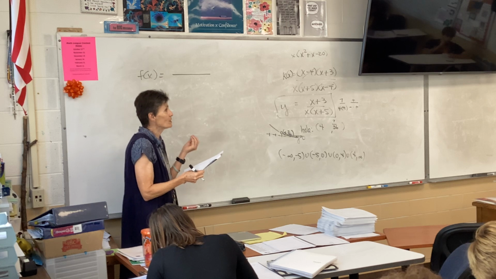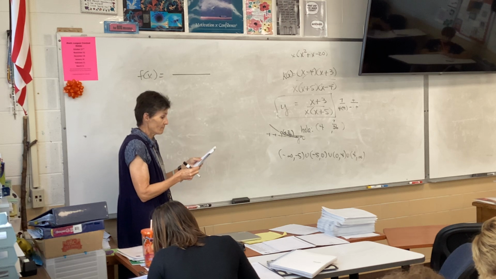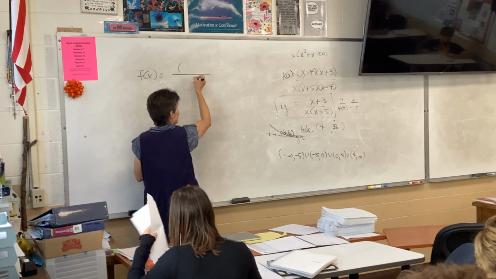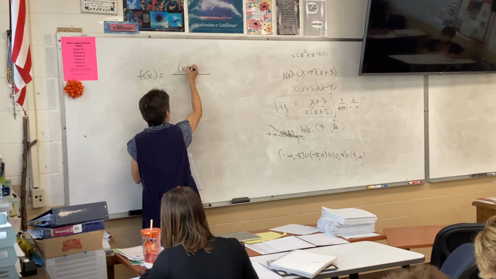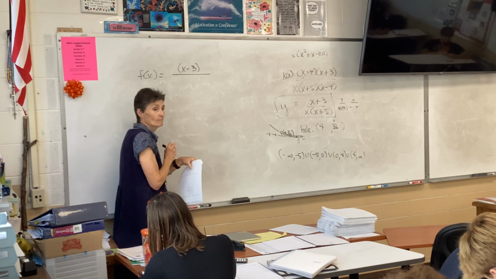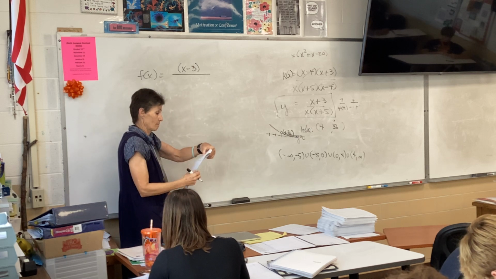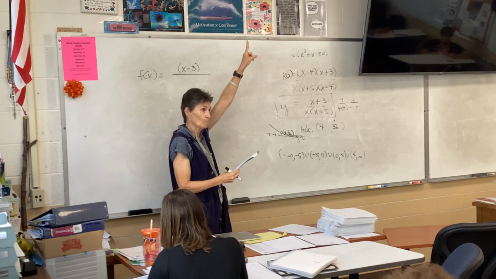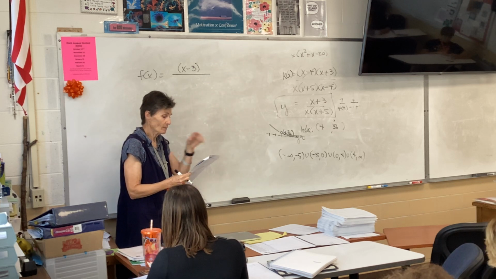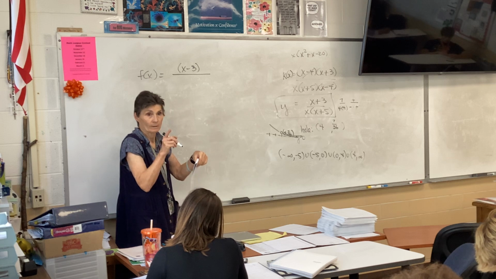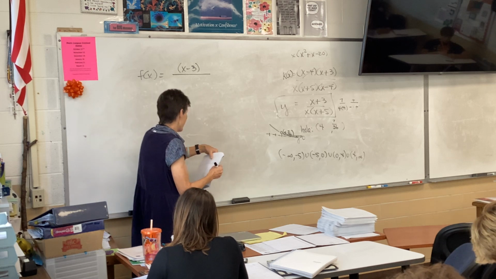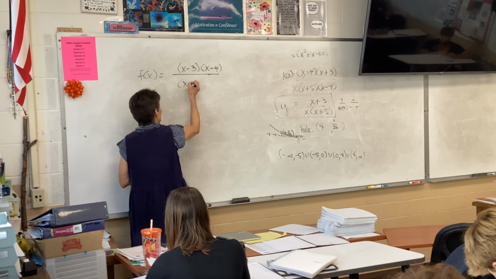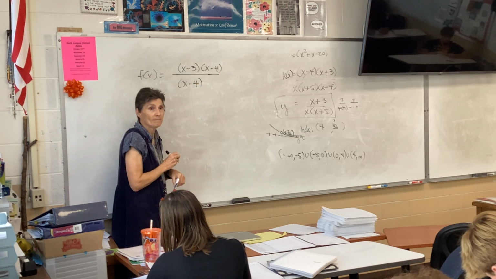We have a 0 at 3, so that means what? In my numerator, x minus 3. Because where do zeros come from? The numerator. All right, what else do I know? There's a hole at 4. I have a hole where x is 4, which means I have to have an x minus 4 in the top and the bottom.